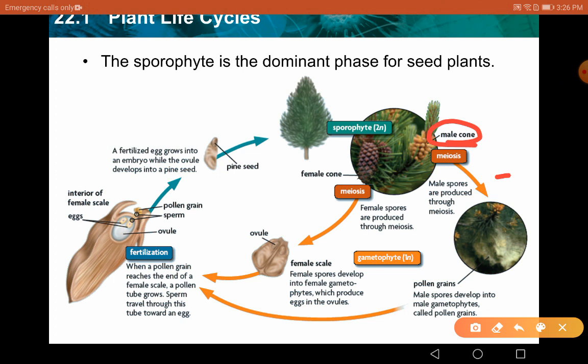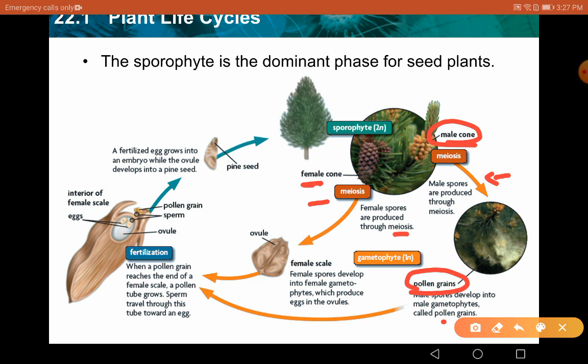Then after development, the result will be pollen grains, the male gametophytes. And on the other side, the female cone will also be divided by meiosis, and the female spores are produced through meiosis.